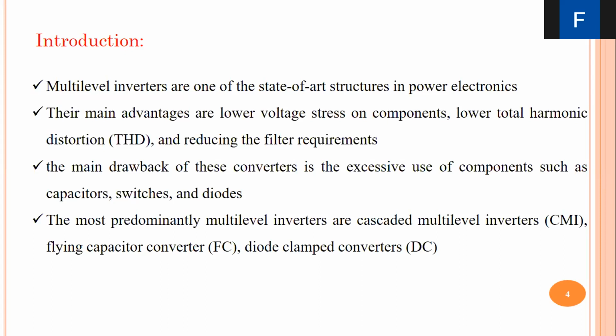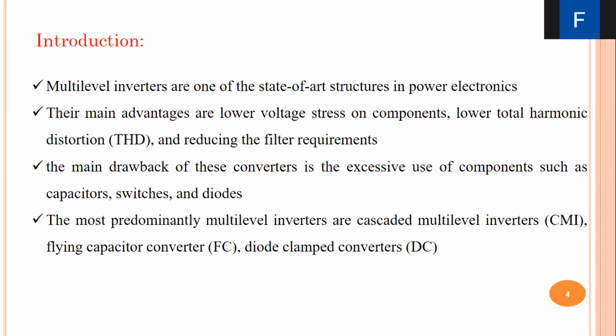And the main drawbacks of the diode clamp and flying capacitor inverters are that they use a large number of diodes and capacitors to generate a high level of voltage in their outputs.